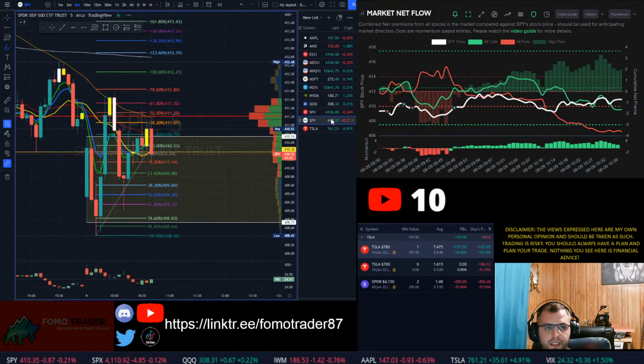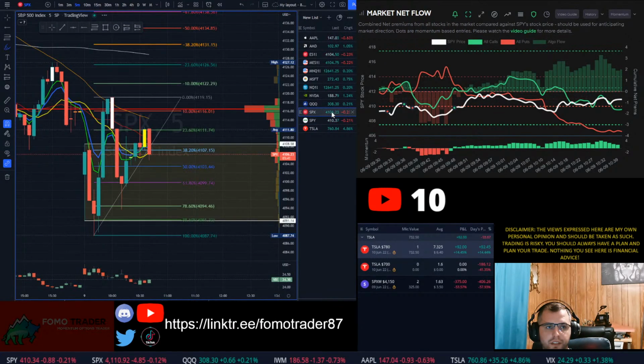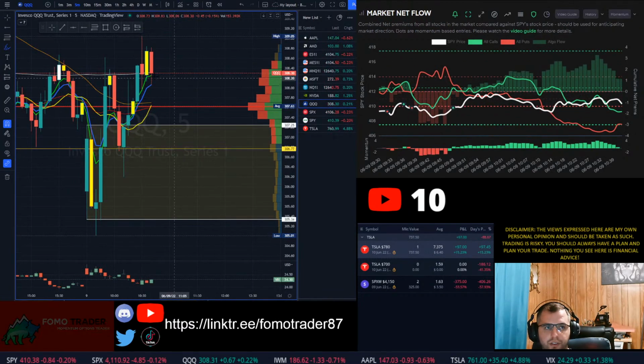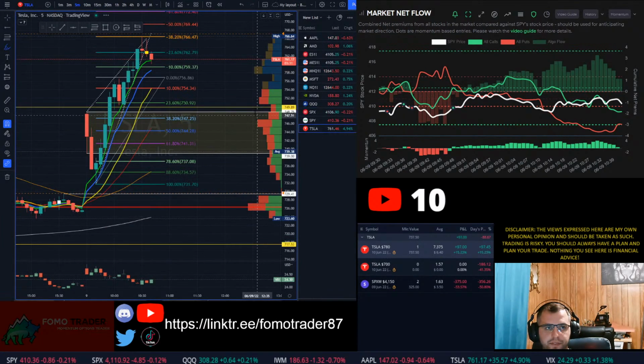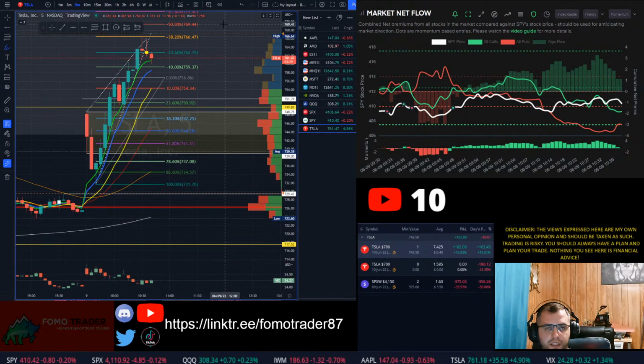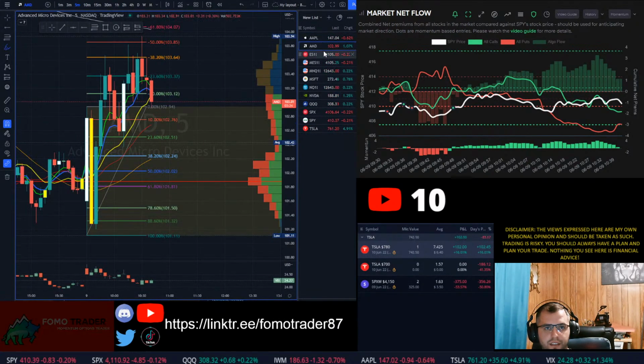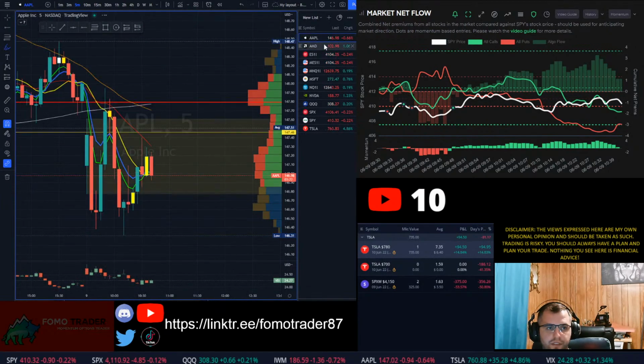The rest of the market just kinda in the same area exactly where we opened. So everything is pretty much in its ORB. QQQ cannot get over the 200 MA here. So Tesla looked to have about the best momentum out of anything. AMD selling off. Apple.